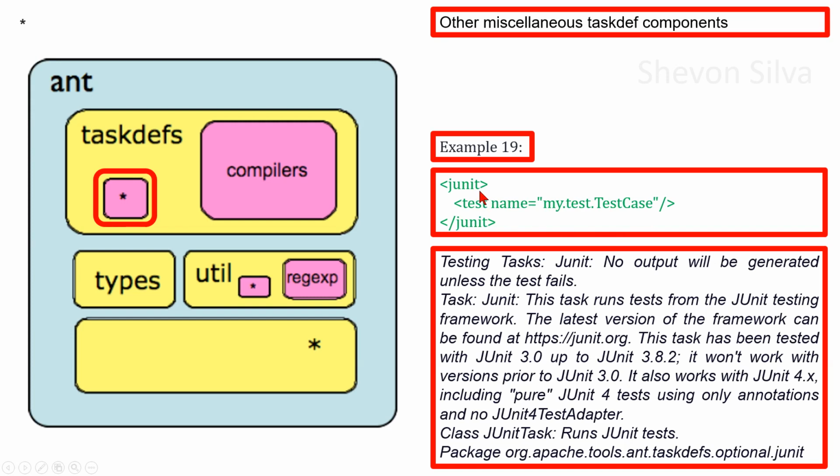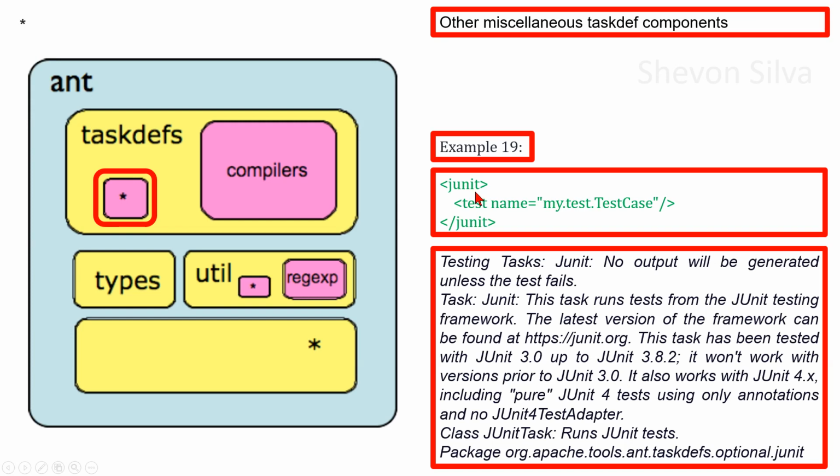This task has been tested with JUnit 3.0 up to JUnit 3.8.2. It won't work with versions prior to JUnit 3.0. It also works with JUnit 4.x, including pure JUnit 4 tests using only annotations and no JUnit 4 test adapter.